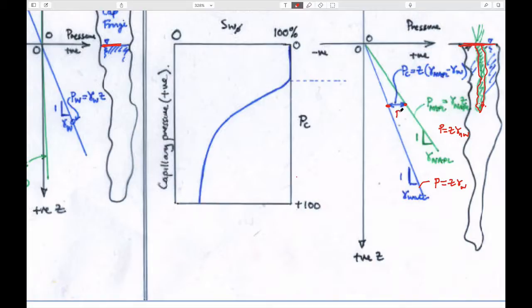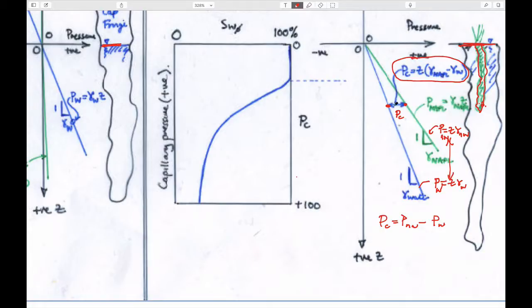So this physically is the capillary pressure. And if we wanted to define the capillary pressure in terms of these, this is the non-wetting fluid pressure, this is the wetting fluid pressure. Capillary pressure is equal to the pressure in the non-wetting minus the pressure in the wetting, which is this value here.